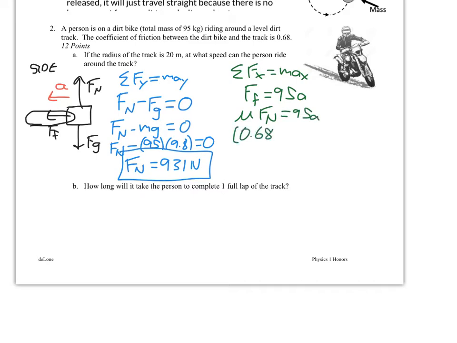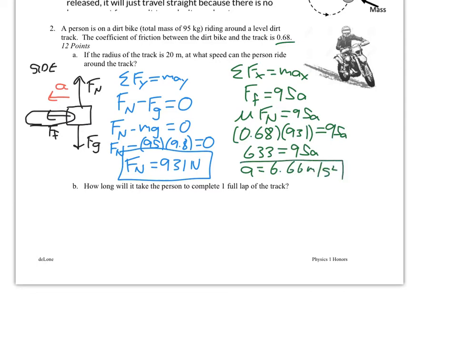Coefficient of friction is this 0.68 from up here. I just found my normal force was 931. So that equals 95a, and what I end up getting is 633 equals 95a. So my acceleration then is going to be equal to 6.66 meters per second squared.